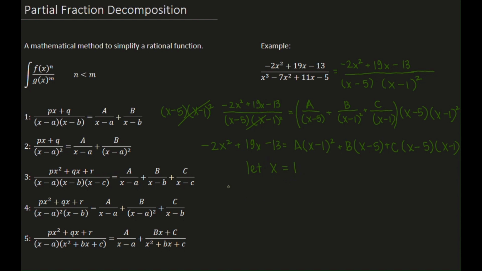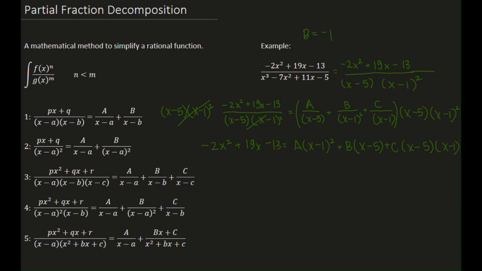The left-hand side becomes 4, and the right-hand side becomes a times 0 plus b times negative 4 plus c times 0. A and c cancel out. I'm left with b equals negative 1.